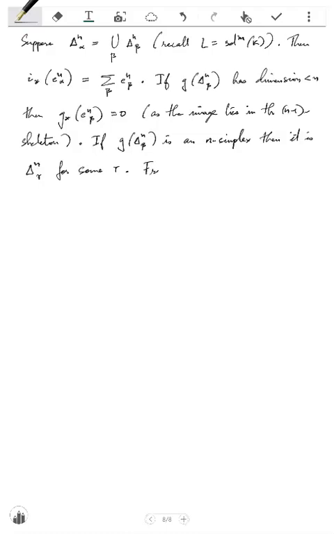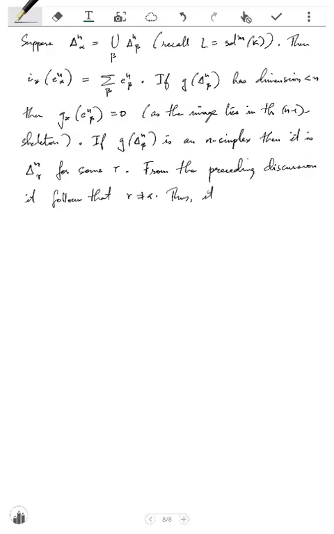So from the preceding discussion, it follows that gamma is not equal to alpha.